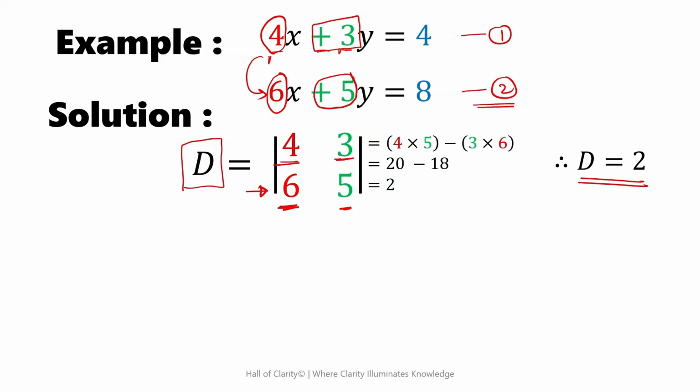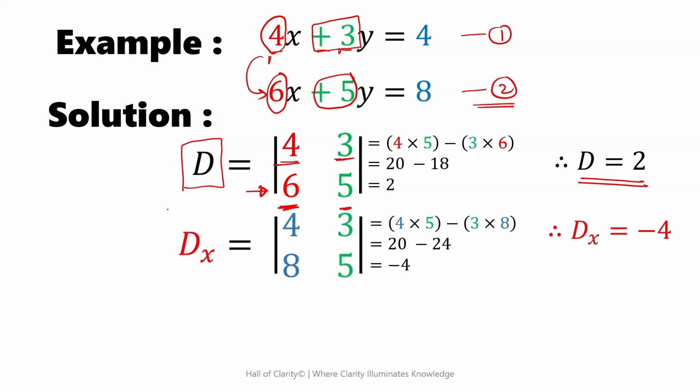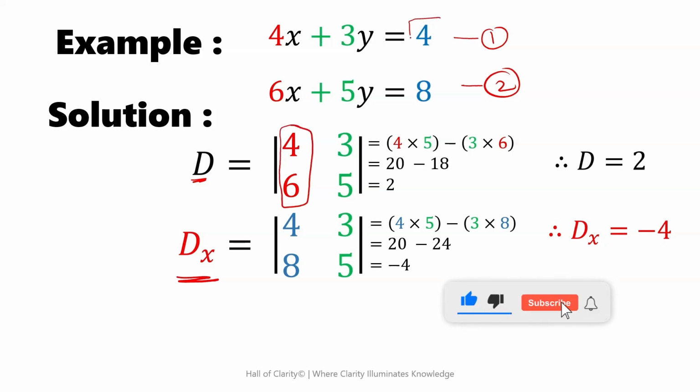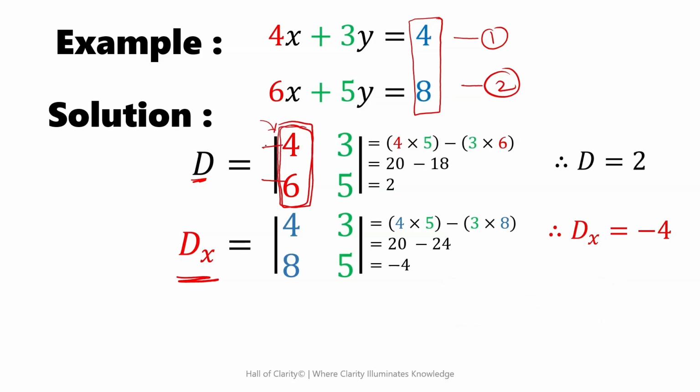Now, we will write the determinant Dx. To write this determinant Dx, we will go to determinant D. In this determinant D, what do we do? We replace the coefficients of x of equations 1 and 2 with constants, that is 4 and 8. So this 4 and 6, which belong to the first column of determinant D, will be replaced with constants 4 and 8.